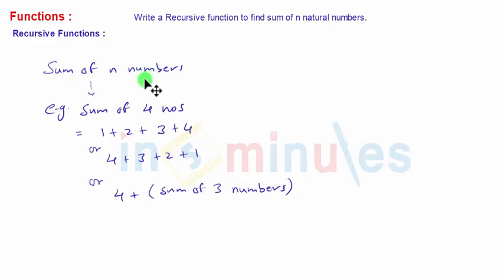See, the sum of n numbers can be given like this. For example, the sum of the first 4 numbers will be 1 plus 2 plus 3 plus 4, or the other way we can write 4 plus 3 plus 2 plus 1. So it is nothing but 4 plus the first 3 numbers, or you can say 4 plus the sum of the first 3 numbers. So for any given number, we can divide our function into two parts.